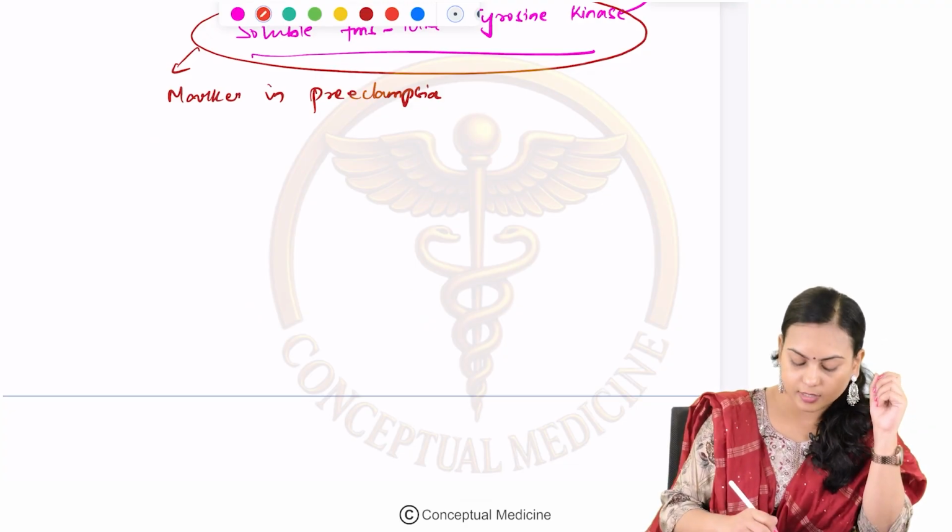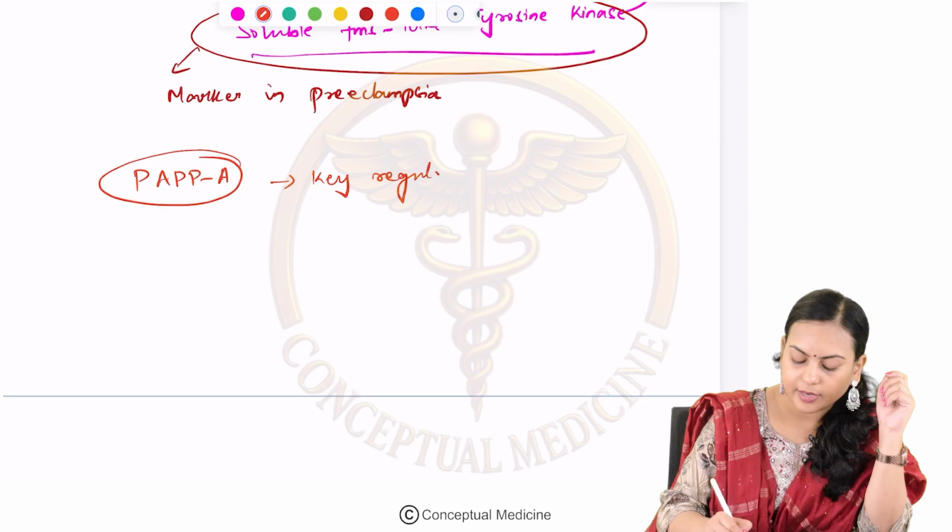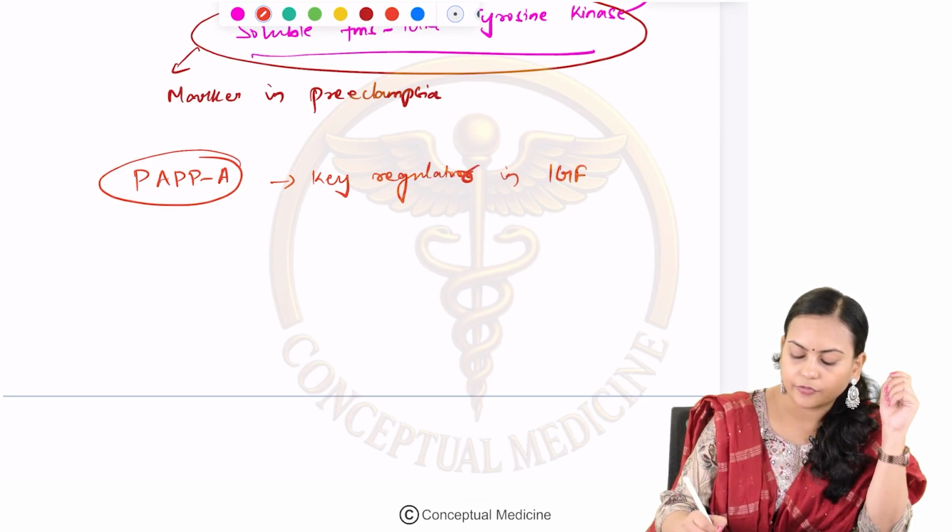Another hormone is pregnancy associated plasma protein A. Okay. So, this is a key regulator of insulin-like growth factor activity.